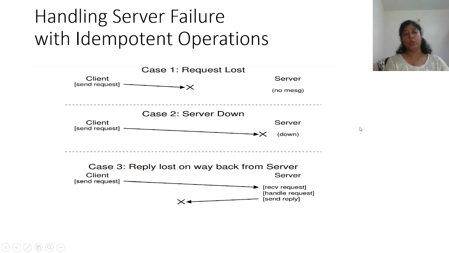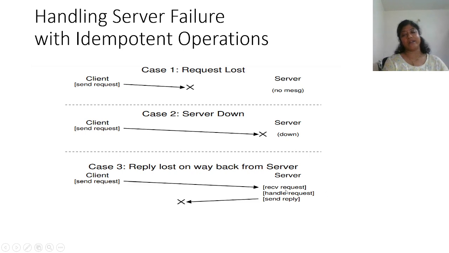In case 2, again the client is sending a request for some information, but unfortunately the server is down. Again there is a loss of information and the request is not processed correctly. In the third case, the client is sending the request to the server.